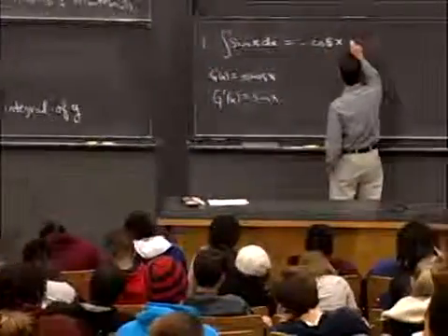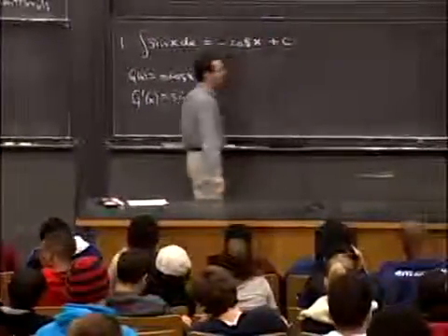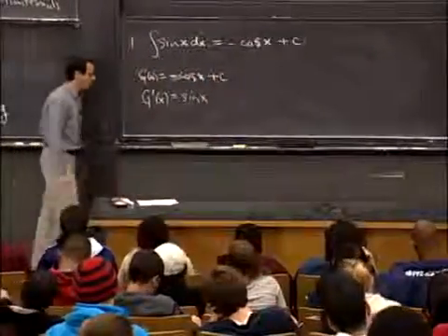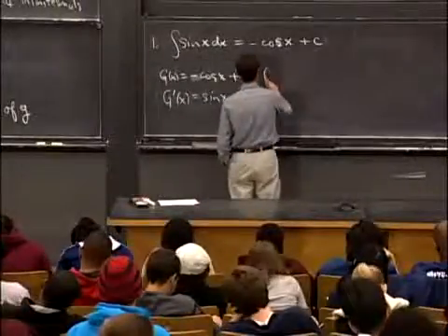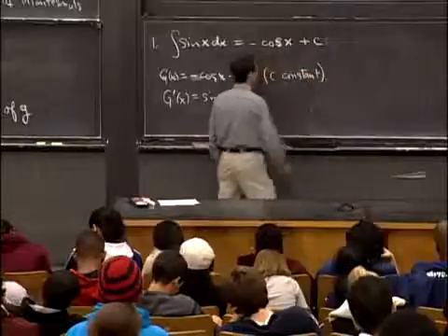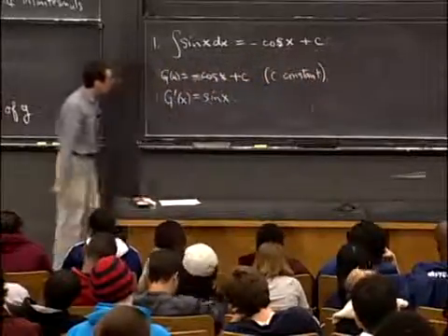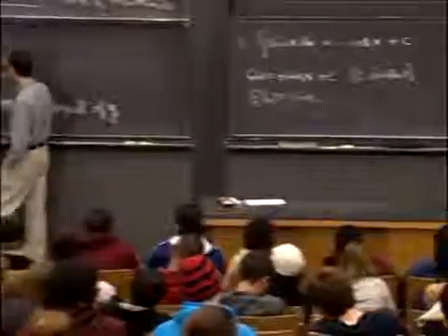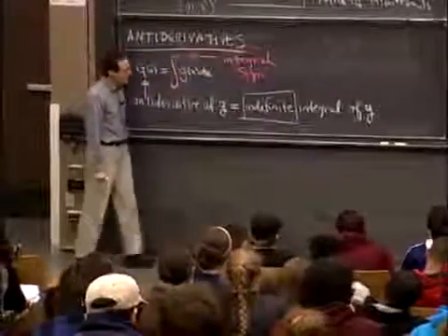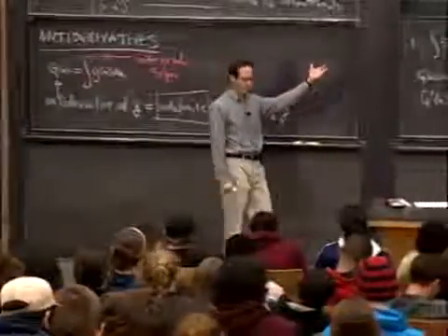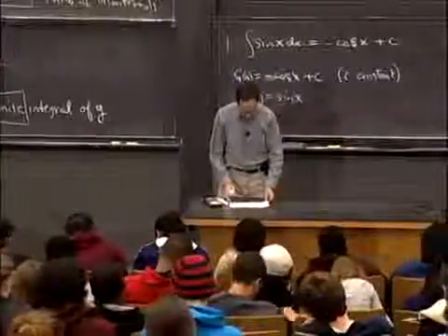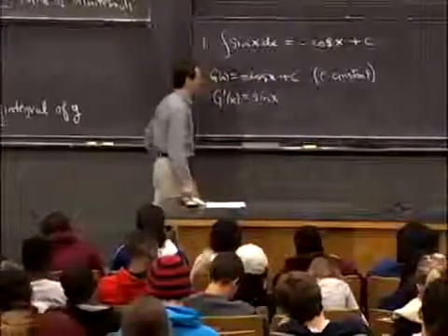So this answer is what's called indefinite, because you can also add any constant here, and the same thing will be true. So C is a constant. And as I said, the integral is called indefinite, so that's an explanation for this modifier in front of the integral. It's indefinite because we actually didn't specify a single function. We don't get a single answer. Whenever you take the antiderivative of something, it's ambiguous up to a constant.